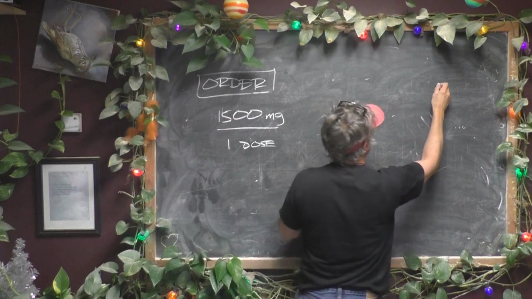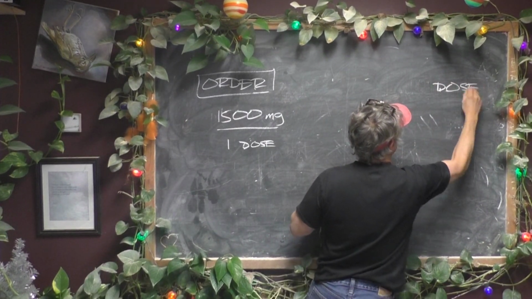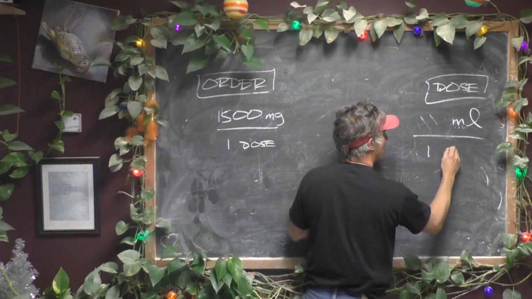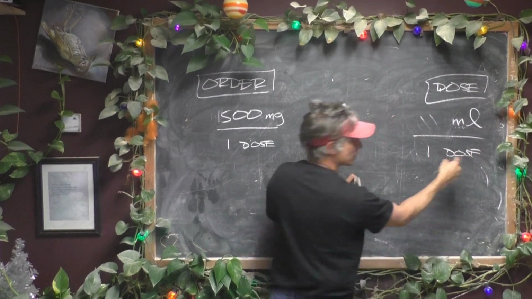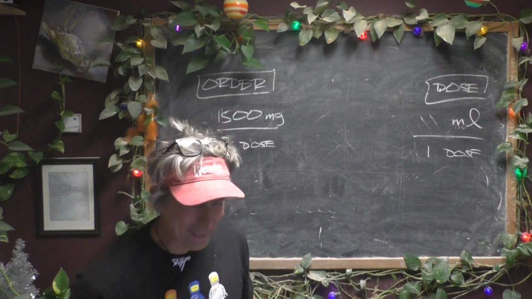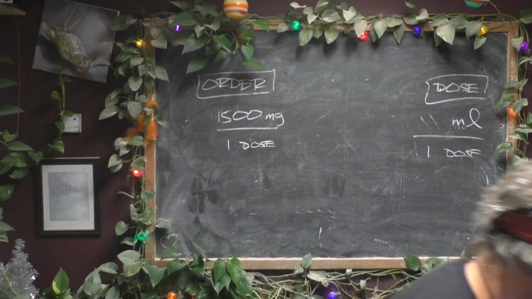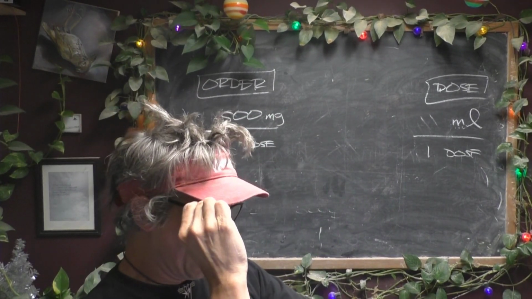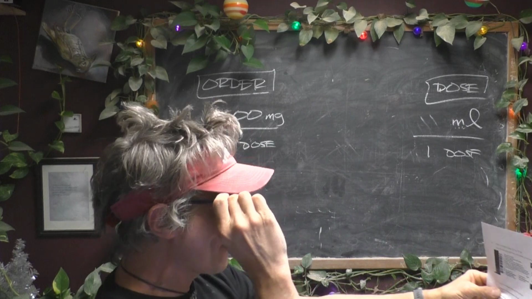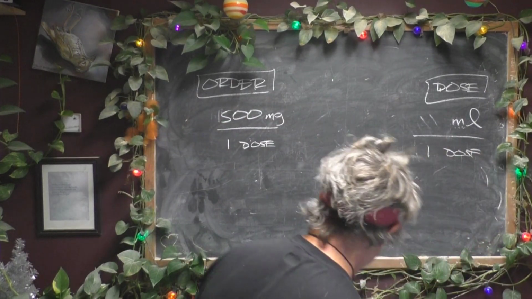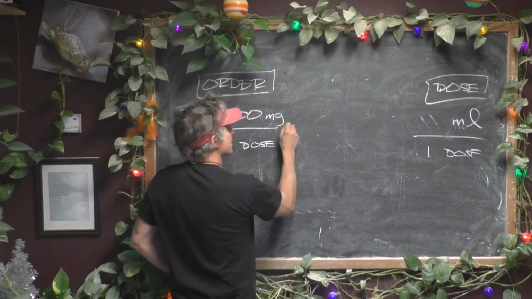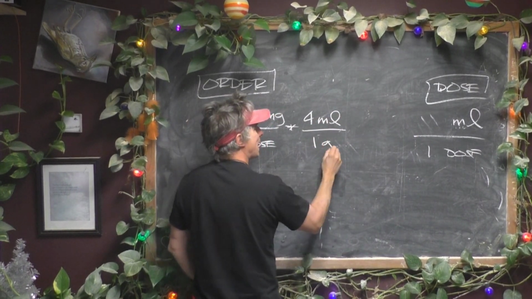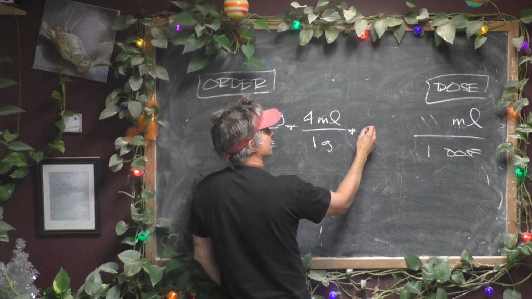And we know the dose is going to be in milliliters per that one dose. And the strength, the concentration, is 1 gram per 4 milliliters. So we can get the milliliters up here pretty quickly. 4 milliliters, 1 gram.